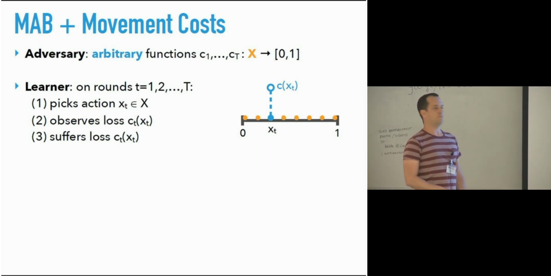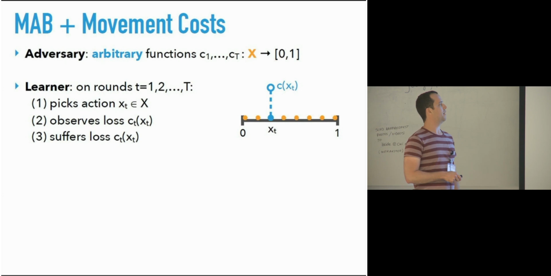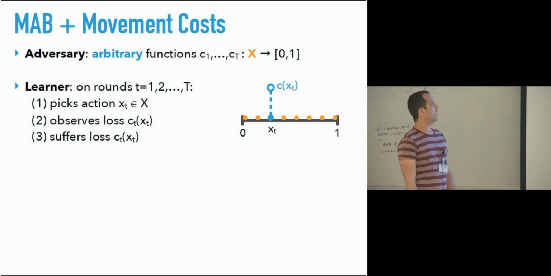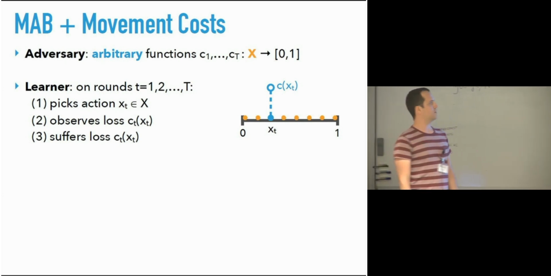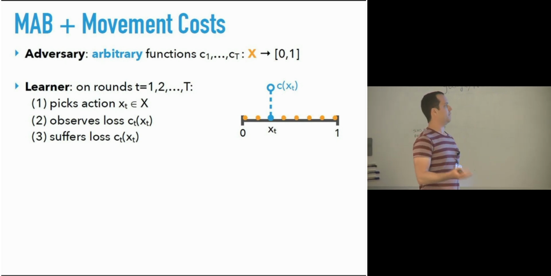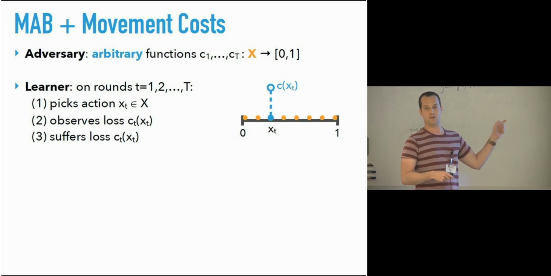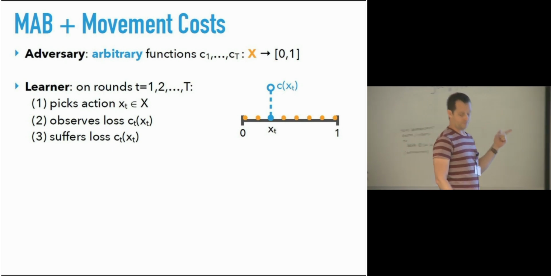in 0, 1. For the purpose of this talk, think about the set X as a subset of the 0, 1 interval. And the learner then interacts with these functions sequentially at rounds 1 up to T. So it picks an action xt from this set and observes the loss, ct of xt, and he observes only this number, so it's a bandit problem, and he suffers this loss.